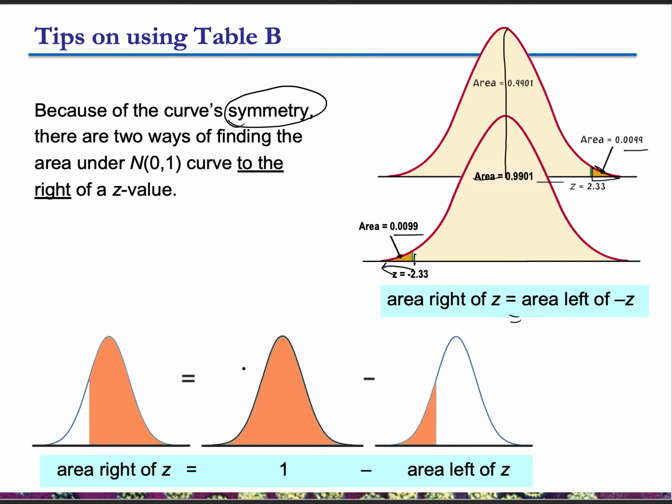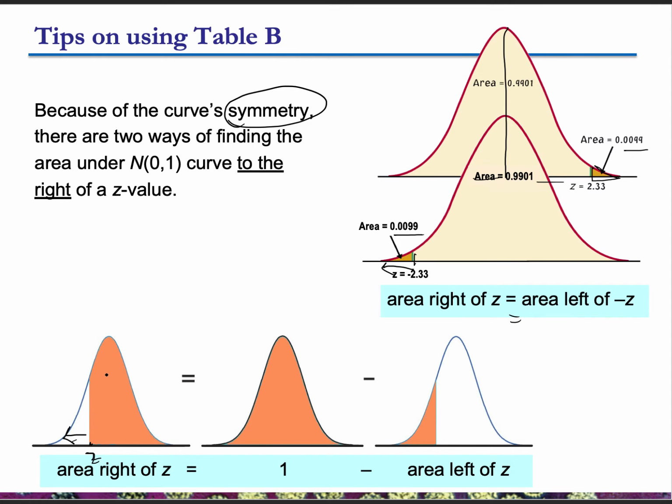Another key piece of information: if you are asked to find this area shaded by this orange color, let's say everyone scored x more than this particular number, that's what you want to find. Then you find the z-score using the z formula, x minus mu upon sigma. Looking at the table will always give you the area left of that z, not right.